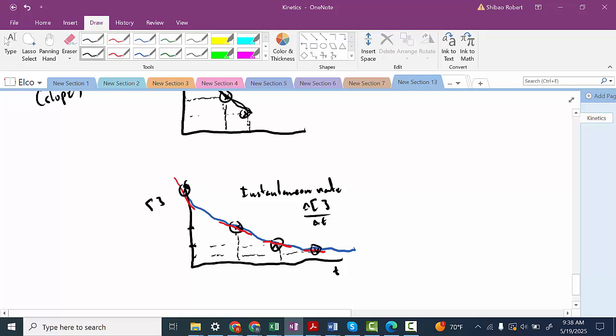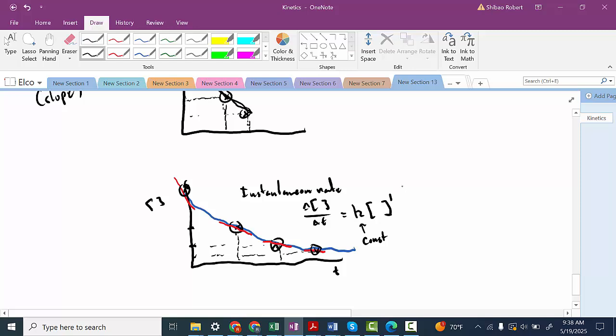If I cut the concentration in half, what happens to the slope? It turns out that if I cut the concentration in half, the rate gets cut in half. And so it's equal to some kind of constant, which we'll call K, and it depends on the concentration directly, that is, the concentration to the first power.